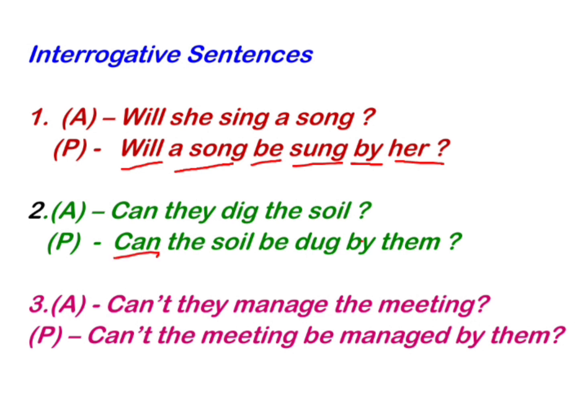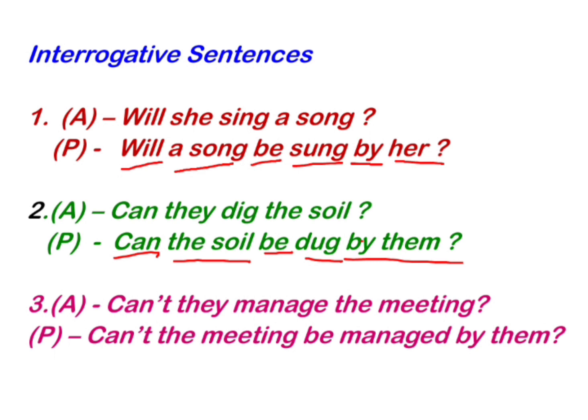The soil is the object in the active voice, so that will become the subject in the passive voice. Be is the be verb, so we write be. The past participle of dig is dug. They should be changed to them when it becomes an object. By is the doer of the action. So the passive voice is, can the soil be dug by them?